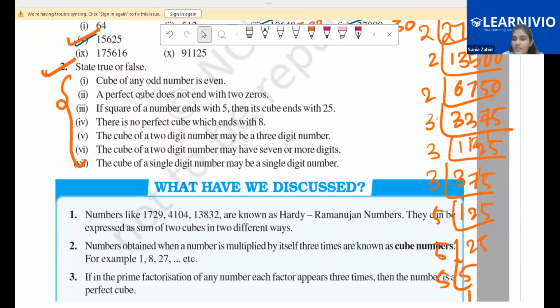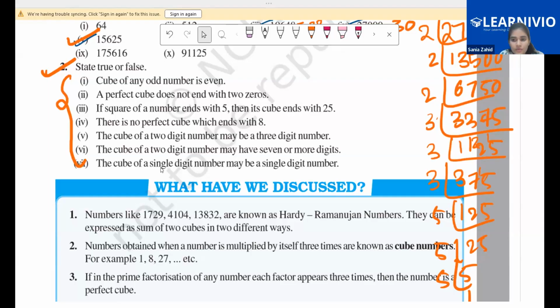The cube of any odd number is even. We discussed this just now, if you remember, while we were discussing the properties of cubes. Think of any odd number. Yes, Mustafa?